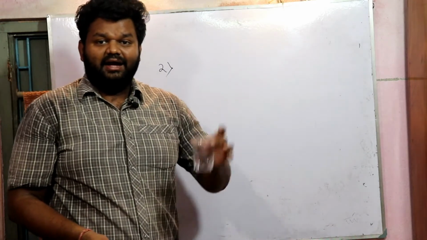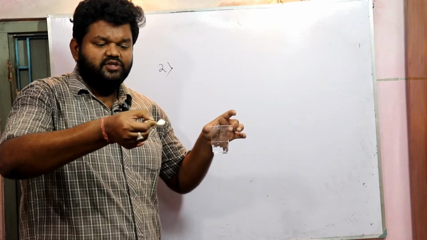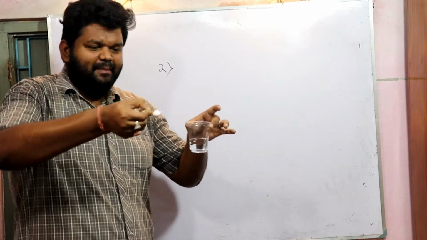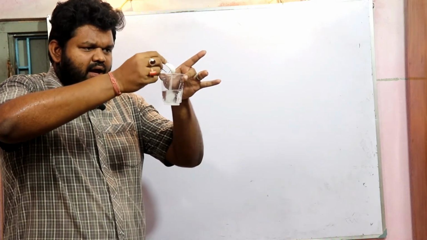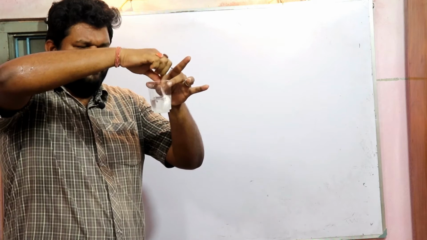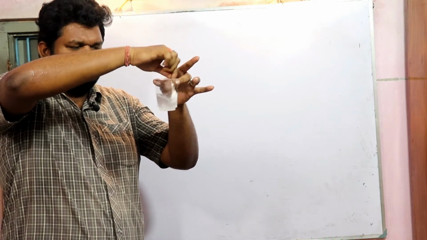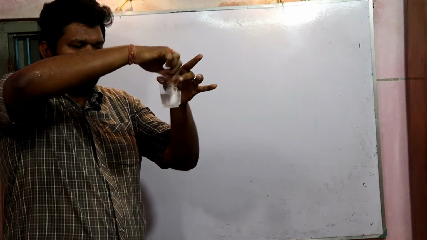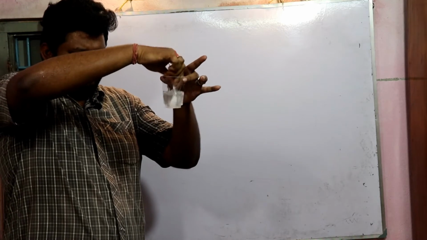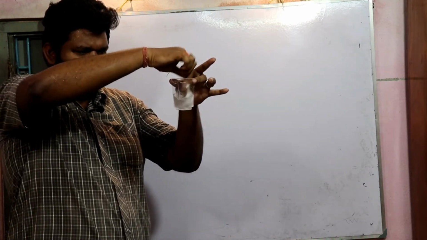So here a glass of water is in my hand, and this is a spoon of salt. I am adding this salt in this water, and after some continuous stirring, we will see a very clear solution of salt water. Let's see what happens next.